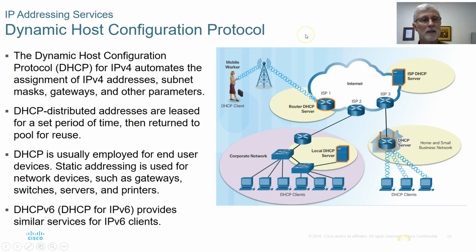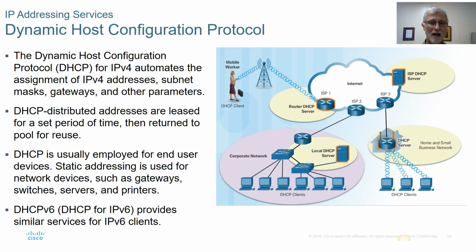Now, DHCP, we've talked about it, you've used it. You haven't really set one up, but basically it automates IPv4 addresses, subnet masks, gateways, and DNS servers. DHCP addresses are leased for a period of time, so you only borrow them for a short time, and once that lease expires, it's returned to a pool of addresses.